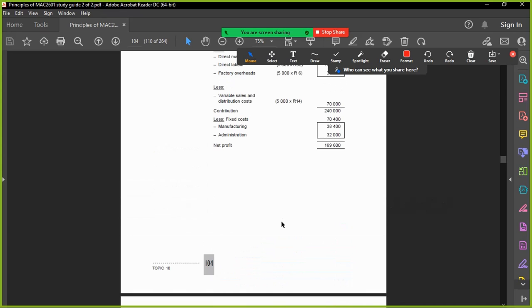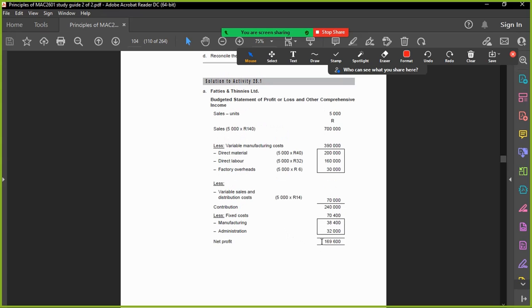The only difference here is that this net profit figure was more than what you had budgeted for. That could have been attributable to sales if you sold those items at a higher price, or to costs that you minimized. Maybe you saved on materials, so you didn't waste as much.